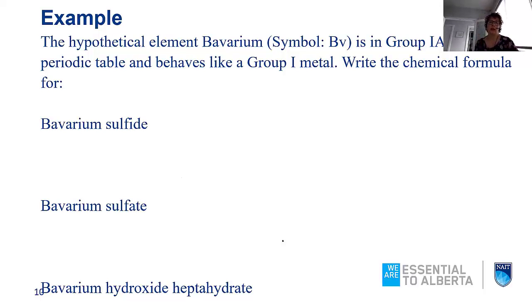So the hypothetical element barium, symbol Ba, sort of like sodium and potassium on the periodic table, behaves like a group one metal. Write the chemical formula for barium sulfide, barium sulfate, and barium hydroxide heptahydrate. So if anybody wants to type those three into the chat. Sorry, I'm making you work here.